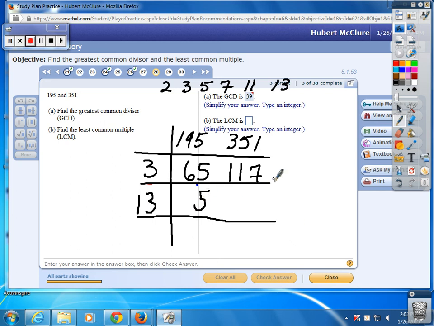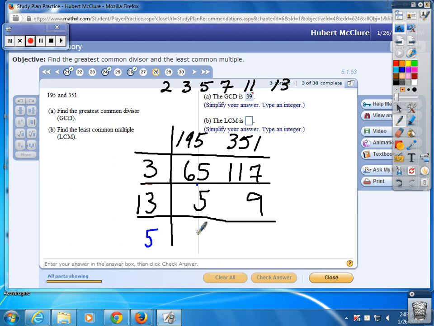And 13 will go in, what's the only number? I'd say 9. 9 times 3 is 27. Yeah, 9, because 9 is the only number that will give you a 7. Now the real math stops, and we get a 5.